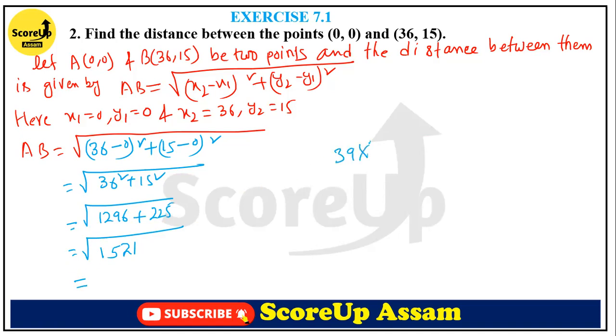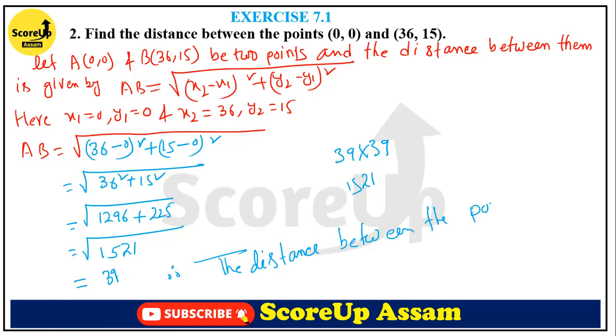Let's check, is it 39 square? Yes, it is 39 square. Therefore, the distance between the points (0, 0) and (36, 15) is 39 units.